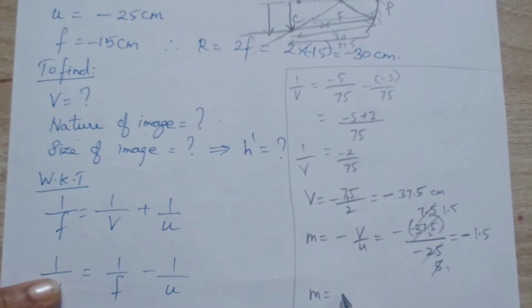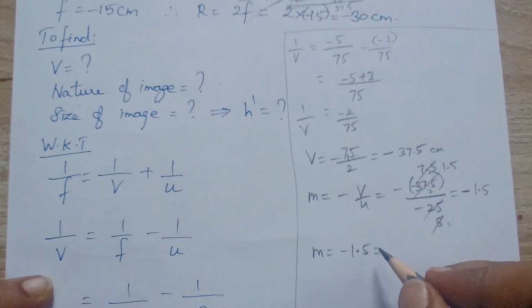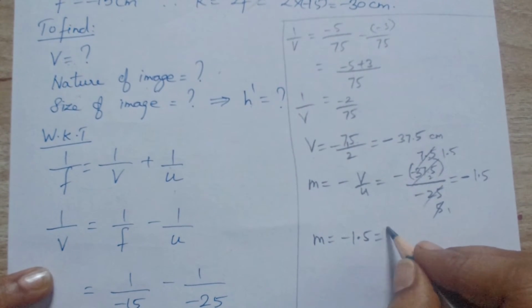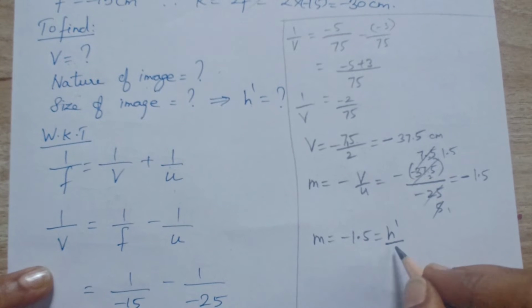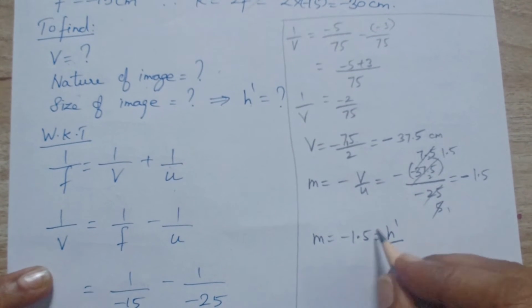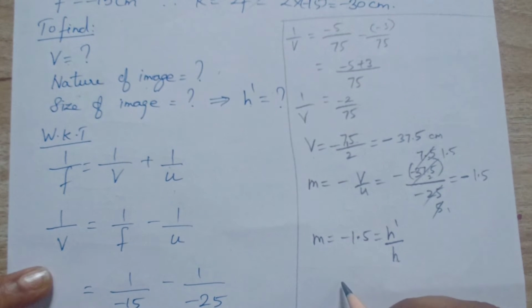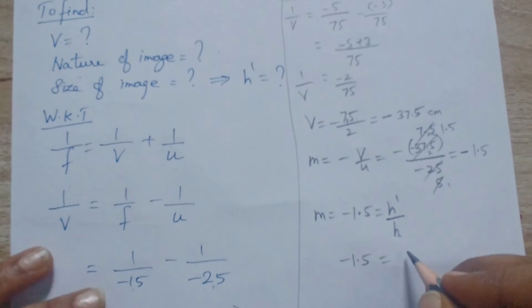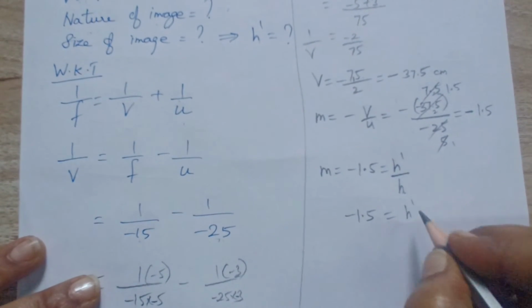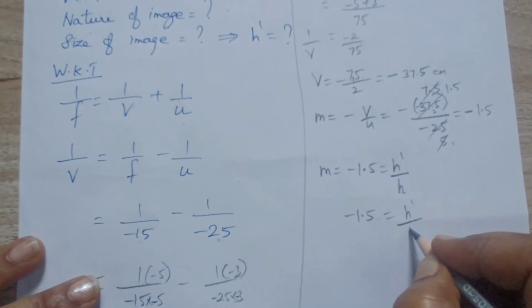M equals minus 1.5. We need to find the height of the image also, right? H dash by H. If you want H dash, cross multiply this. What is the value of H here? Minus 1.5 equals H dash by H. H is 4 centimeters.